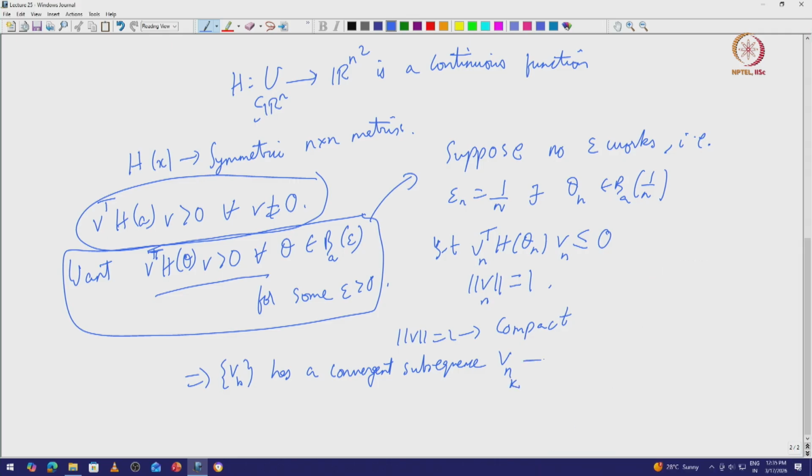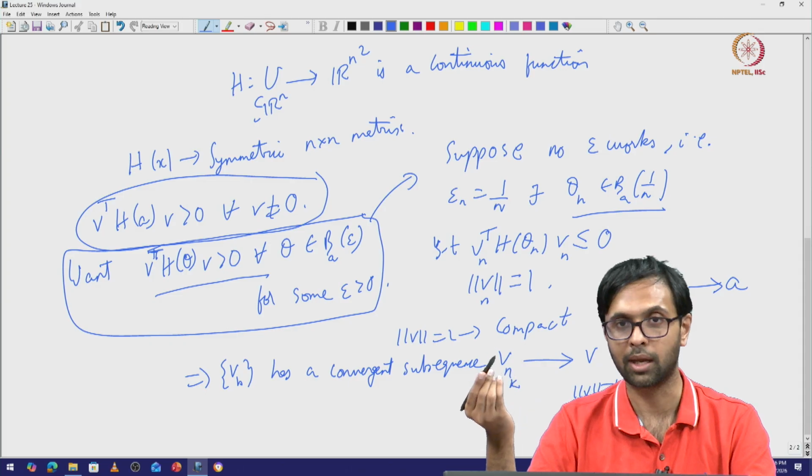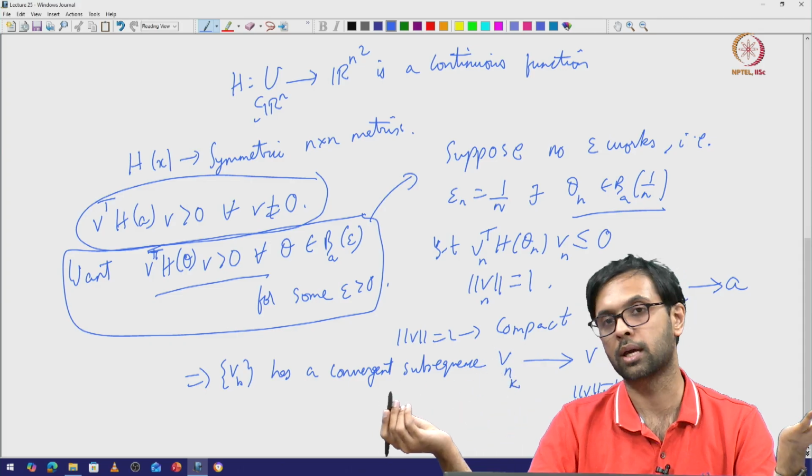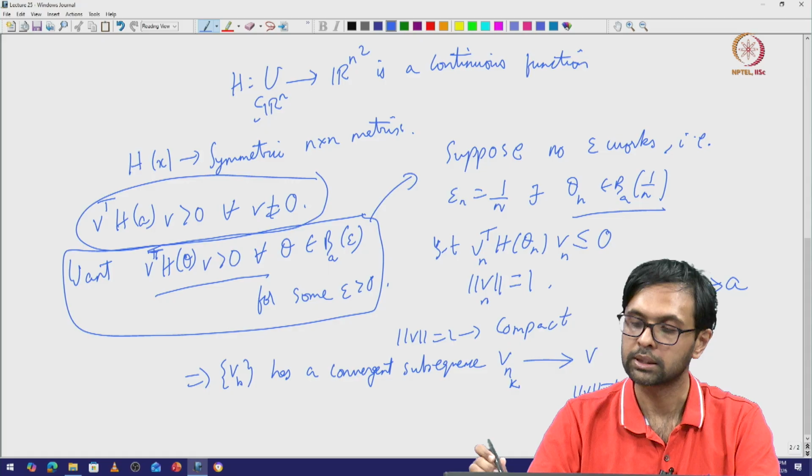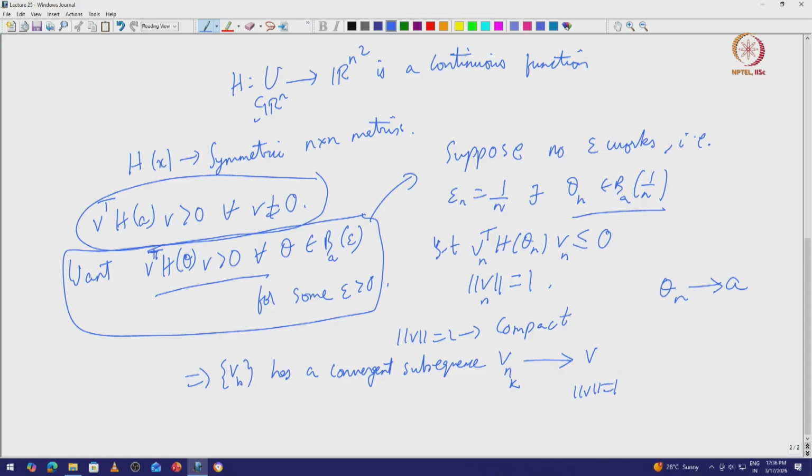So Vn sub k converges to V such that norm V equals 1. Now by continuity, so theta n, of course, theta n converges to A. Why does theta n converge to A? Almost by definition, right? If n is large enough, the distance between theta n and A is at most 1 by n, which can be made less than epsilon, right? So theta n converges to A.